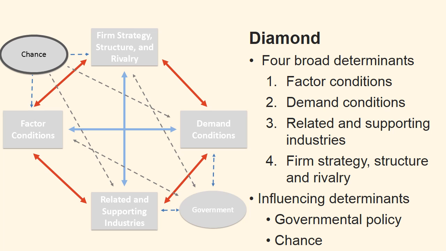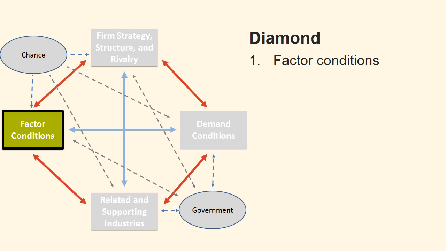The first is factor conditions. The factors most important to competitive advantage in industries in advanced economies are not inherited, but are created within a nation. To understand the role of factors in competitive advantage, it is necessary to discriminate among types of factors.